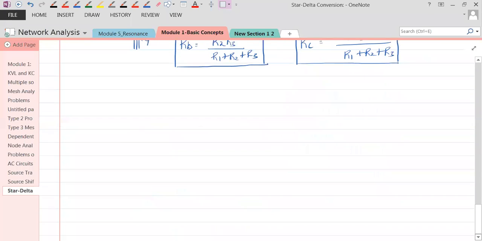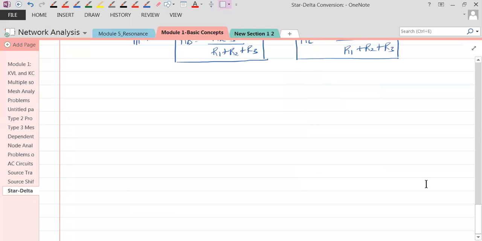Everybody copy this. Star to delta conversion. So star to delta conversion means we need to have star with us. That is this.